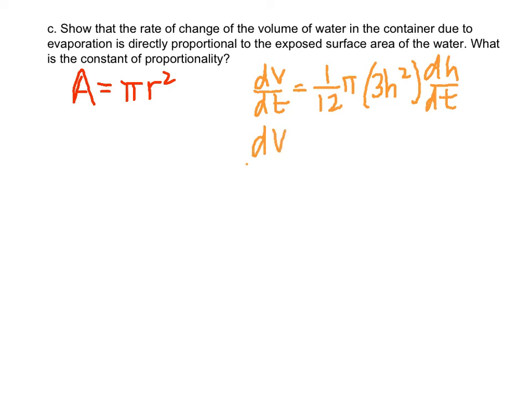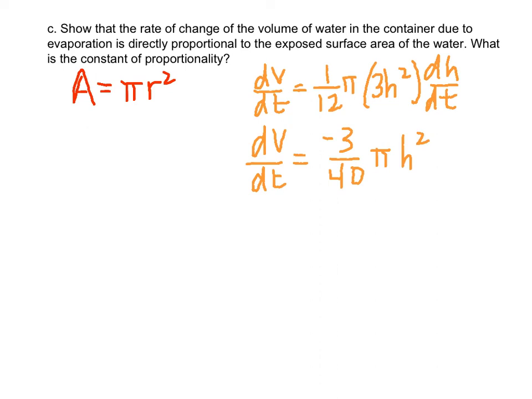You can simplify it a little farther and plug in the derivative of the height, and you get 1/4, you get -3/40 pi h squared.